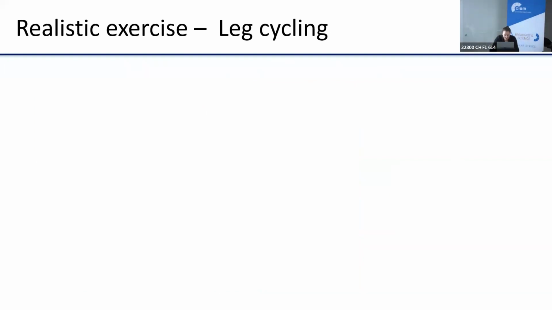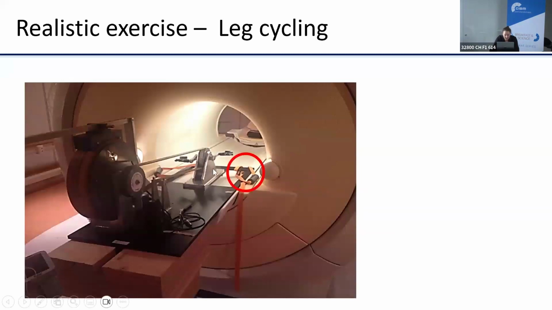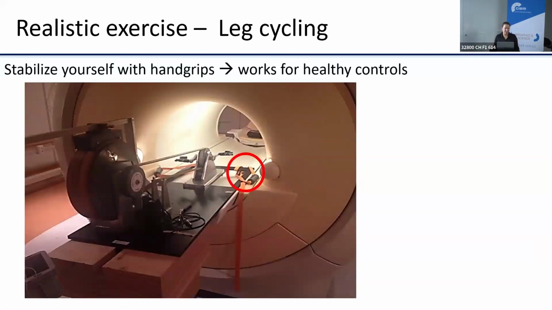And then the other thing highlighted in red is a device to stabilize yourself with hand grips, because while you're cycling with your legs, you're always pushing yourself a little bit higher on the table, and at some moment in time your legs are completely stretched and there's no way of doing the cycling experiment anymore. So the hand grips next to your side work really well for healthy controls.